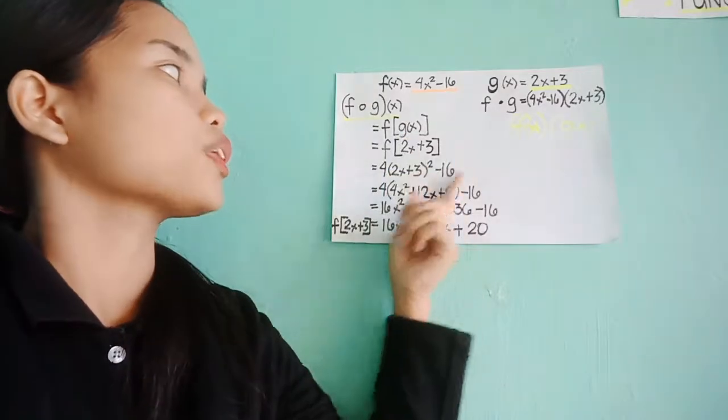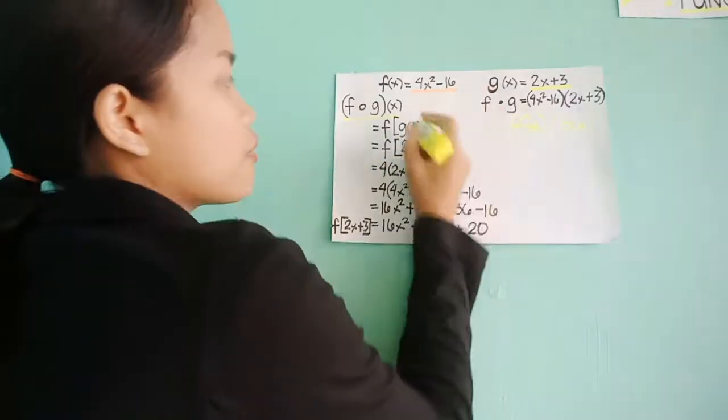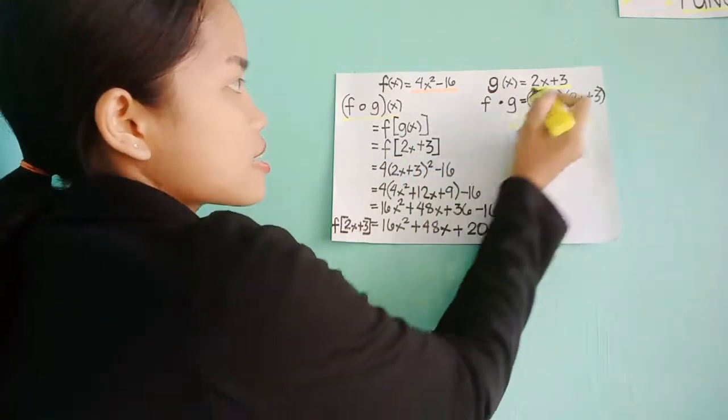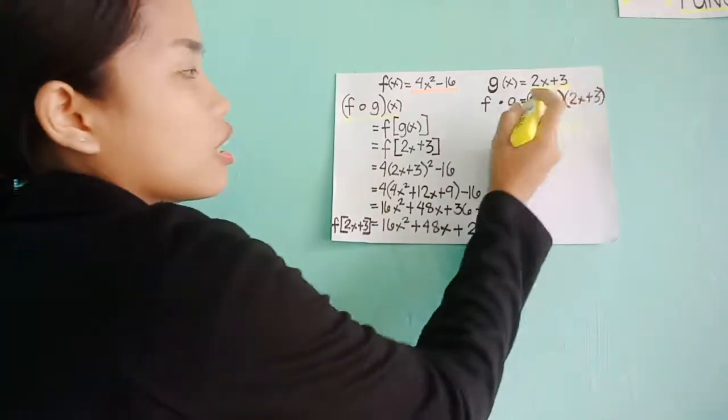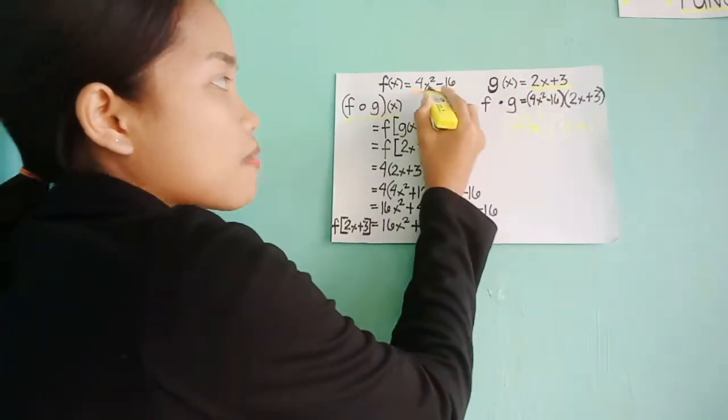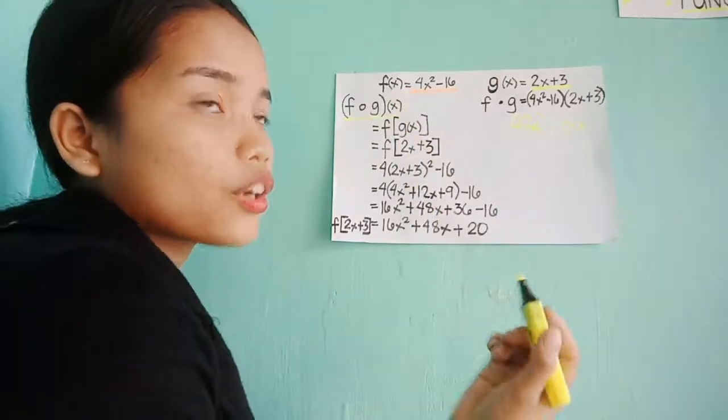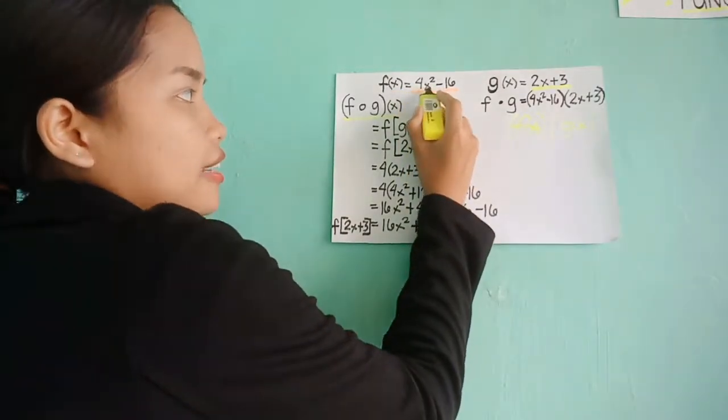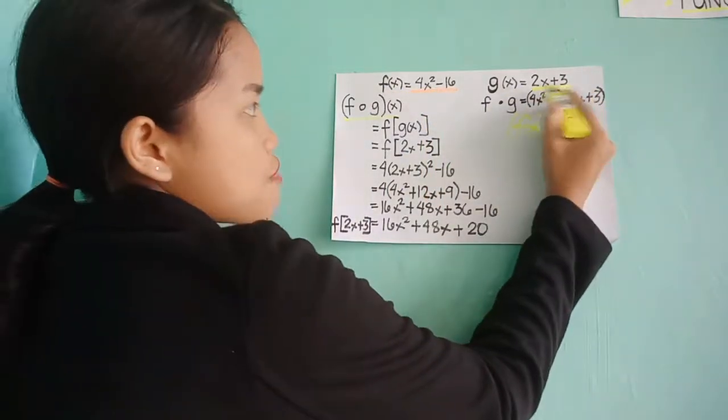So this is read as f of g of x. Meaning, the value of x in f of x is being changed to the value of g.